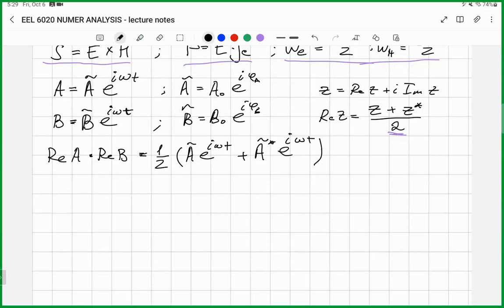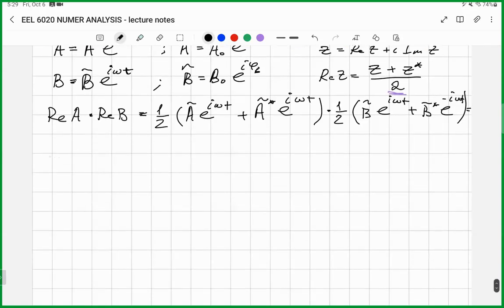Okay, and times the second one, so 1/2 of B tilde e to the power of i omega t plus B tilde conjugated e to the power of minus i omega t. Okay, so let us expand.